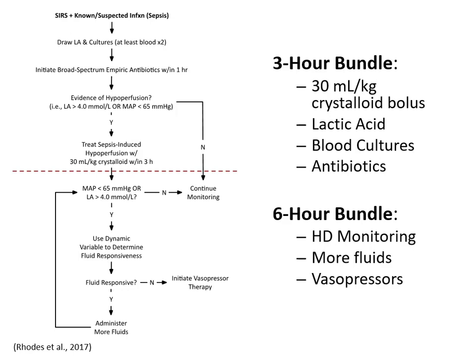In the 6-hour bundle, treatment moves into a focus on hemodynamic monitoring, giving more fluids, and maintaining the patient on vasopressors. The vasopressor of choice in septic shock is norepinephrine, with augmentation through the use of vasopressin.